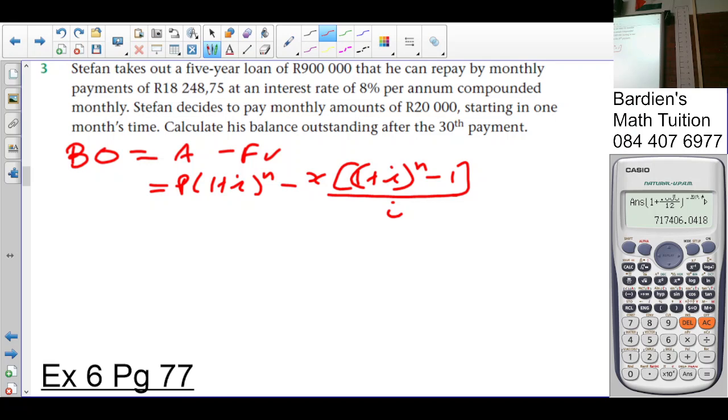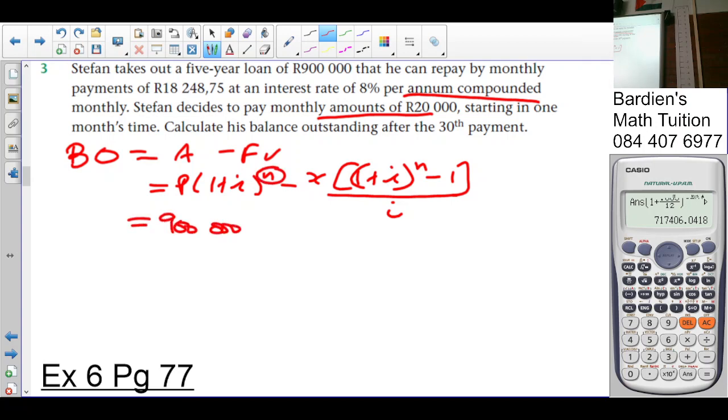The loan amount. 900,000, not so. Your interest rate? 8% per annum compounded monthly, and he's doing a monthly payment of 20,000 rand. So what is your end value? Your time in years, not so.